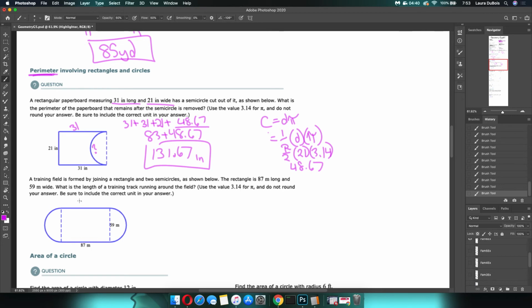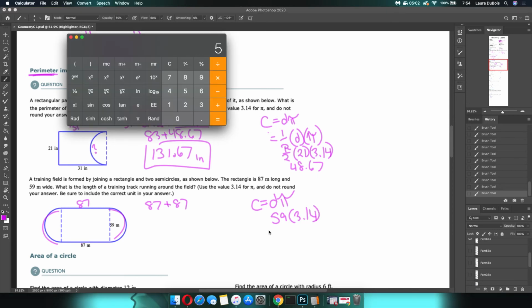Now, same thing here, sort of. That's 87, that's 87. So it's 87 plus 87. We have a semicircle over here and a semicircle over here, a semi and a semi as a whole. So now we need the circumference of this. Since circumference is diameter times pi, and they gave us the diameter, it is 59 times 3.14.